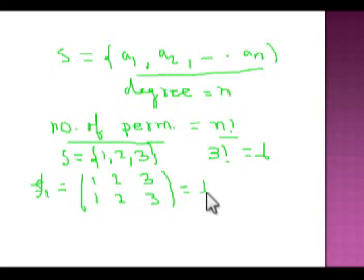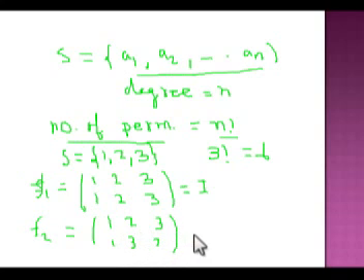Now the first element I have found. The second element F2 will be 1, 2, 3 over 1, 3, 2. Now there will be a third element F3.